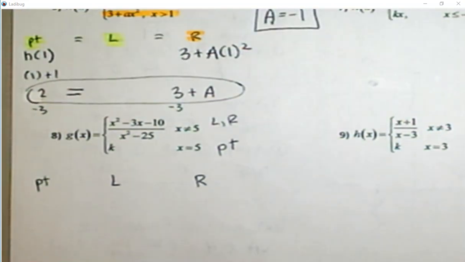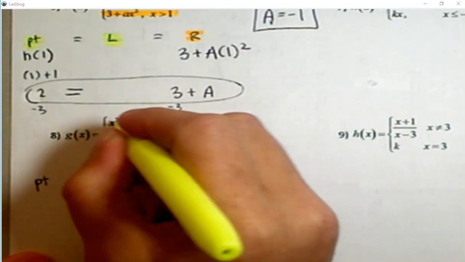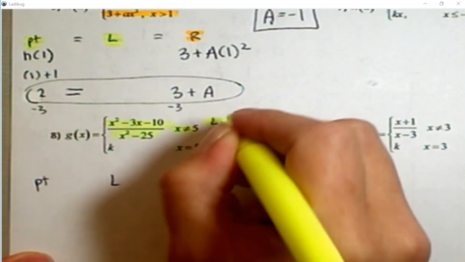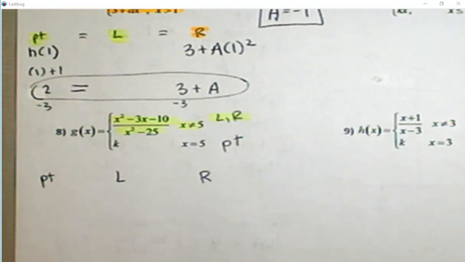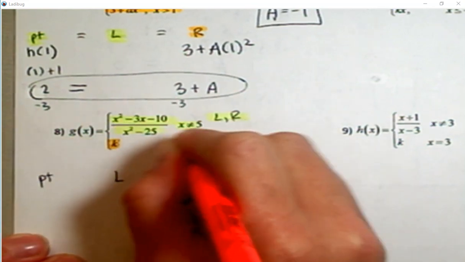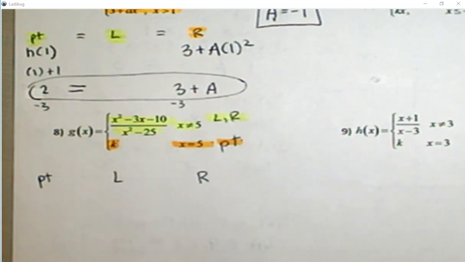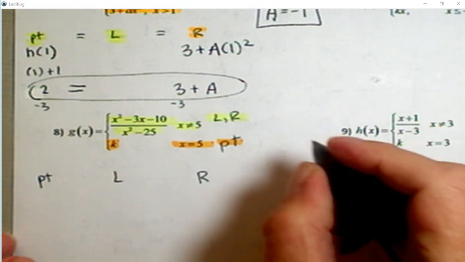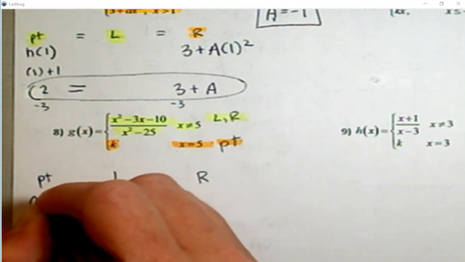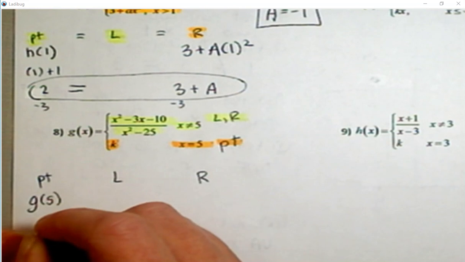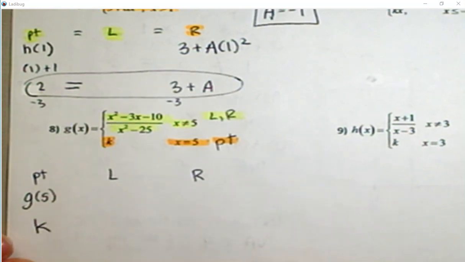Based on this piecewise definition, that top part is the left and the right, and the bottom part is the point. So that's where I'm going to set it up. So the point, g of 5, is equal to k. That is the output.